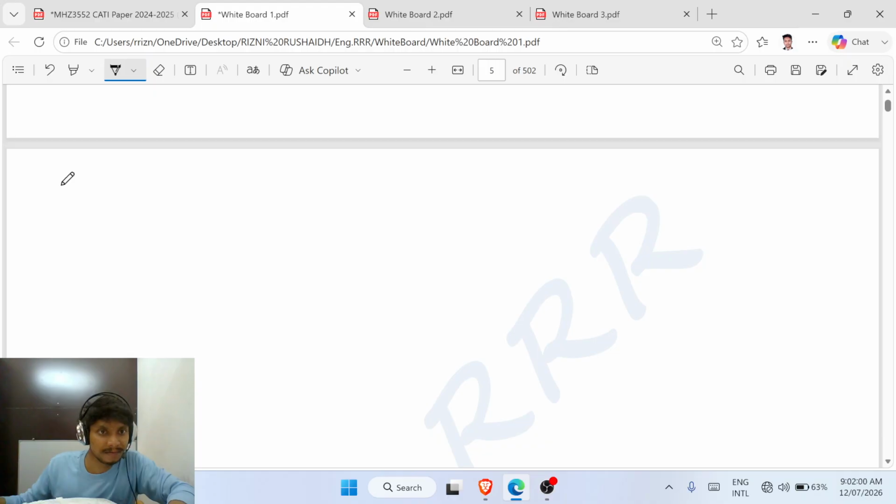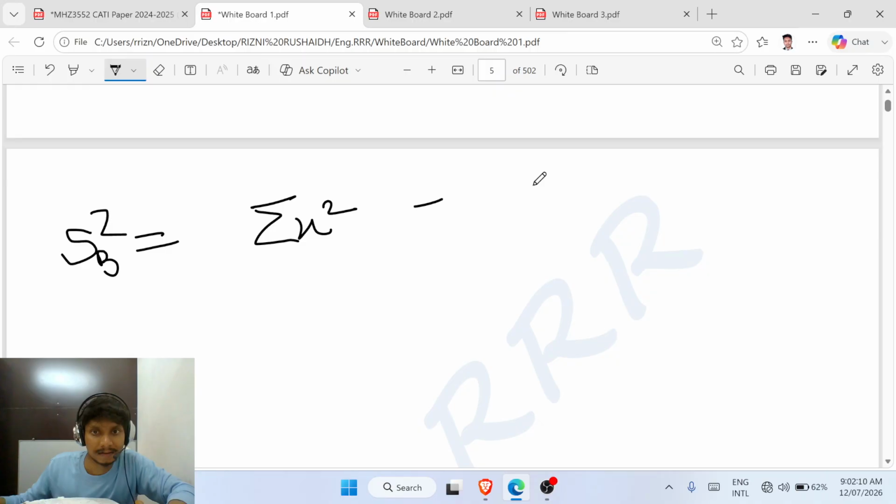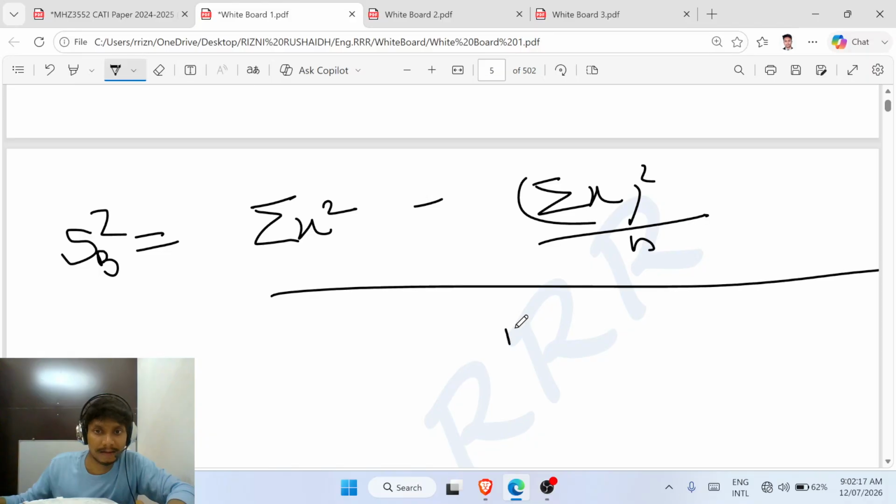Now we have to find the variance of B. S B square is equal to sigma x square minus sigma x whole square divided by n, divided by n minus 1.